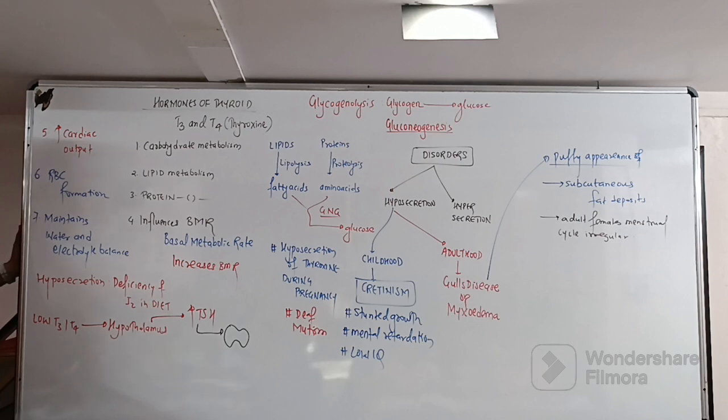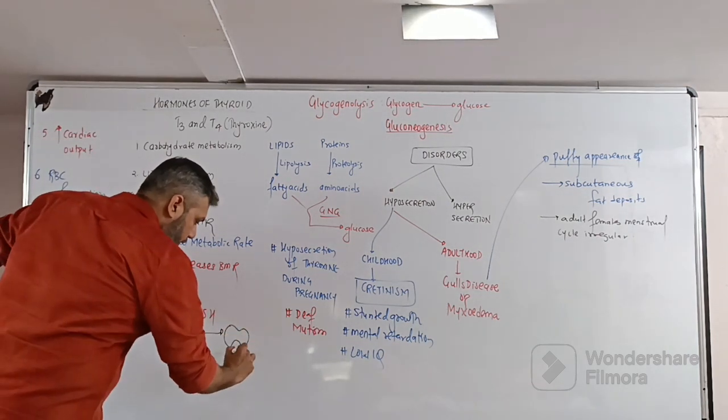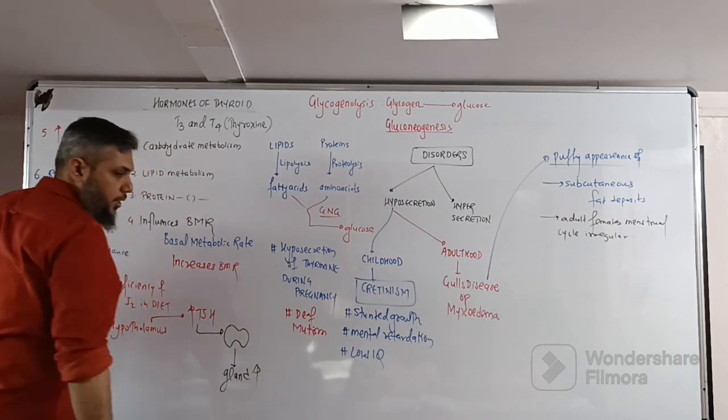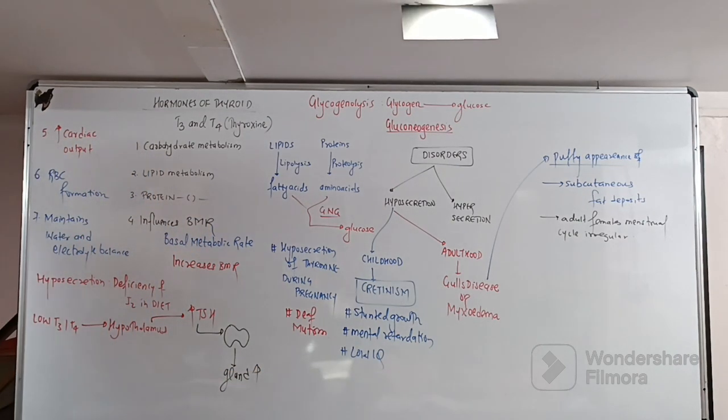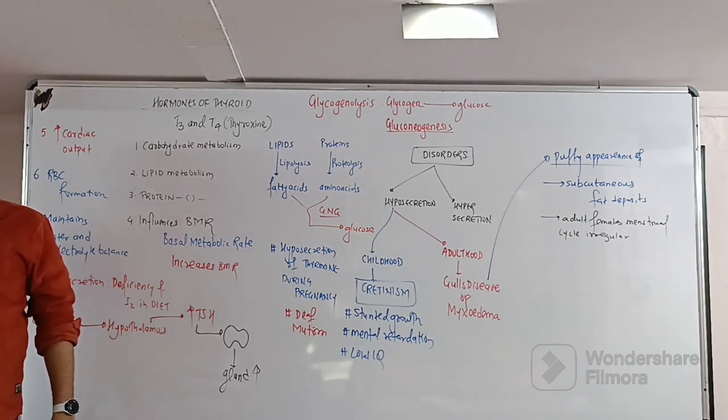Because iodine is low. तो आयोडीन को कैप्चर करने के चक्कर में फॉलिकल का साइज क्या होगा? बड़ा होगा. And now the size of the gland will increase, and the gland will protrude out. Protrude out मतलब bulge out. Gland क्या होगा बच्चों? Bulge out करेगा. आया समझ में?